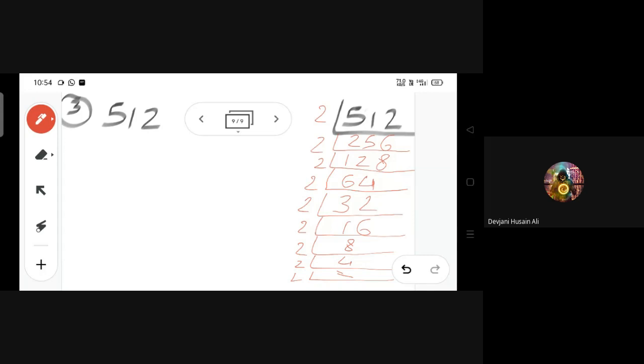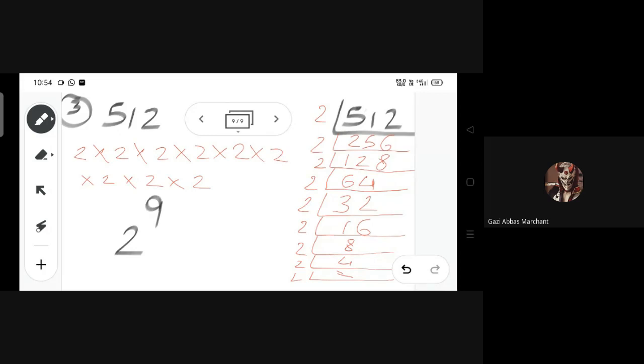So, how many 2's are there? 1, 2, 3, 4, 5, 6, 9. So we can write it like this: 2 multiplied by 2 multiplied by 2, nine times, or you can write it like this: 2 to power 9.